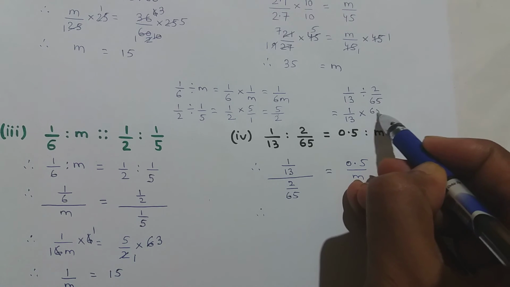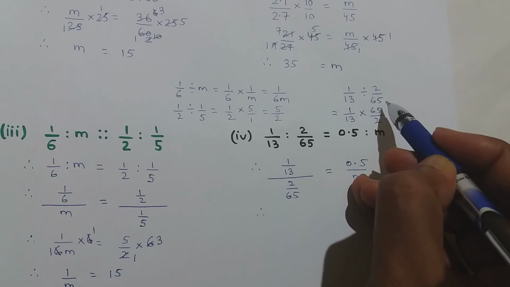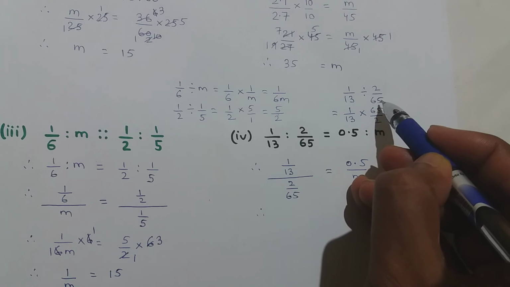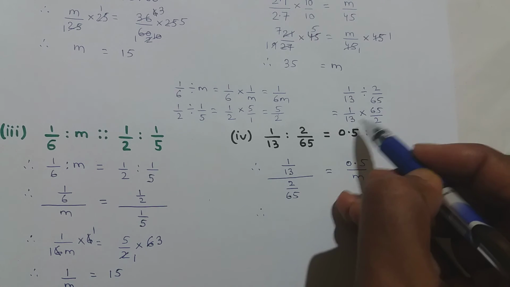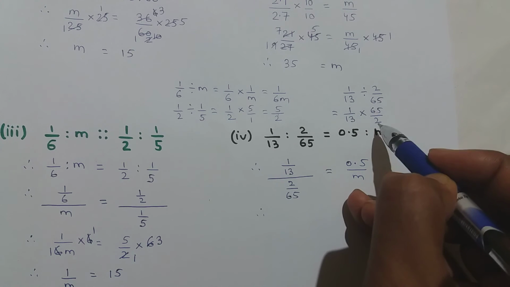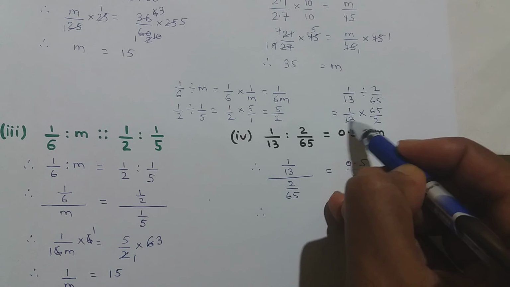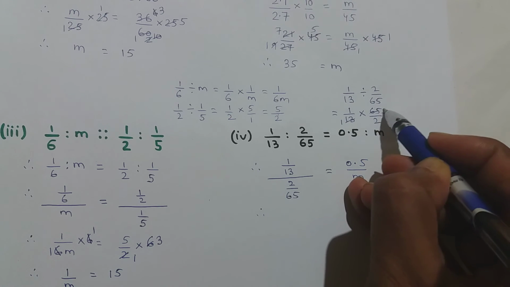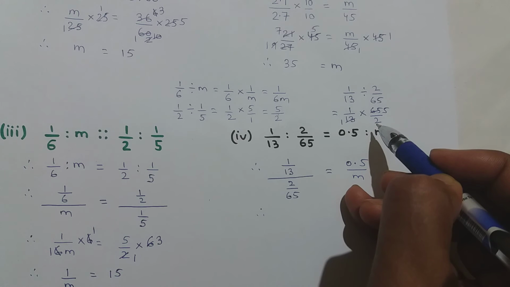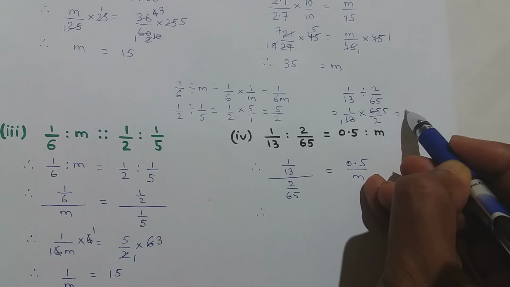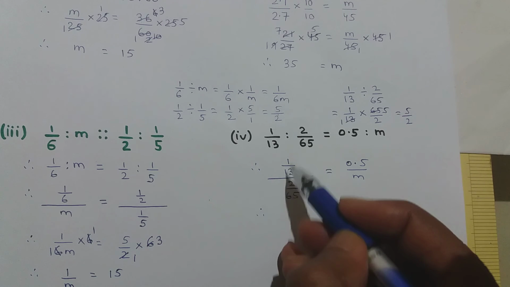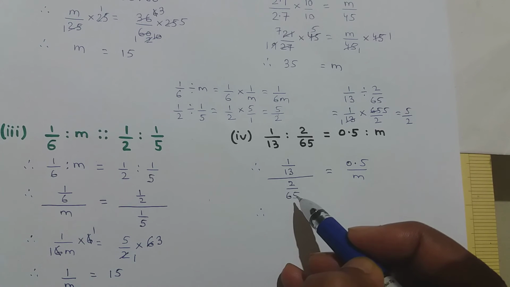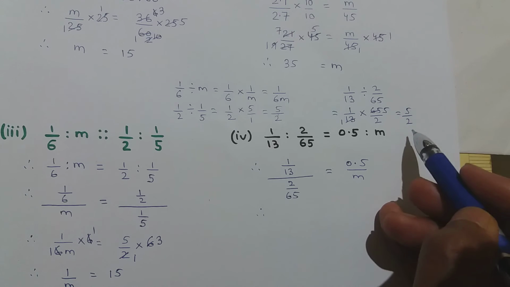The reciprocal of 2 upon 65 is 65 upon 2. So it is 1 upon 13 multiplied by 65 upon 2. 13 ones are 13, 13 fives are 65. So it is 5 upon 2.